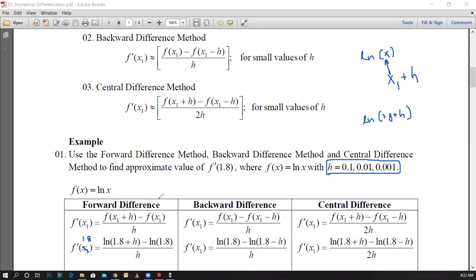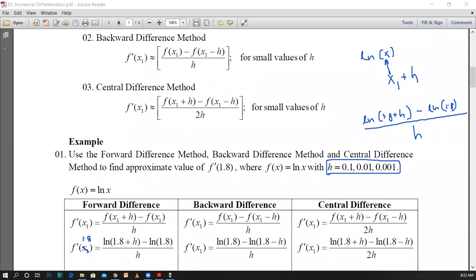Now we have to substitute x1 in the function f. Our function was ln x, so at the place of x we substitute 1.8 and then divide it by the value of h. Therefore, this is the general equation that we can obtain for the forward differentiating technique at the given point 1.8.